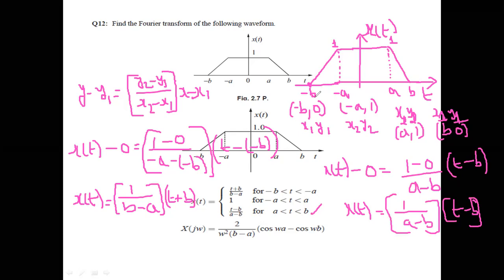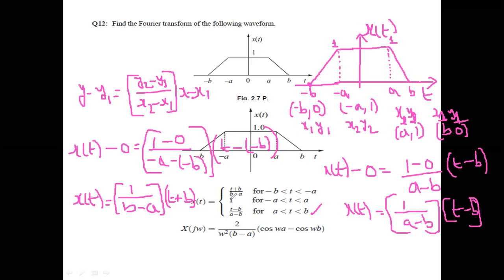Like that we got the slope from minus b to minus a as t plus b by b minus a, and here the slope is t minus b by a minus b, and in between, from minus a to a, the value is 1.